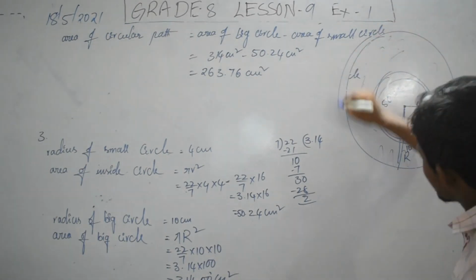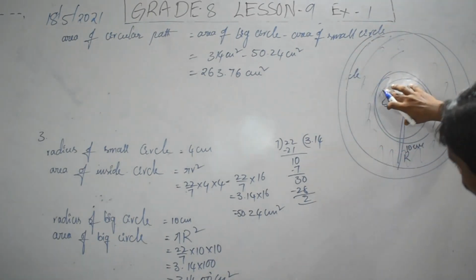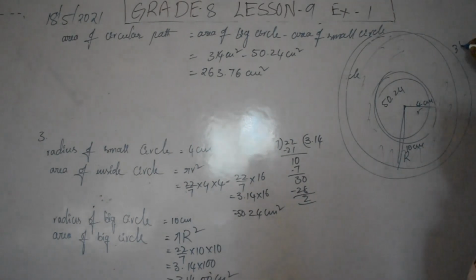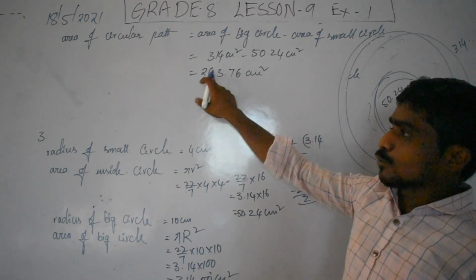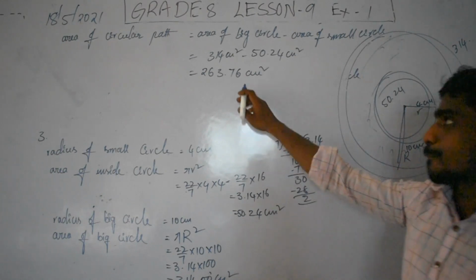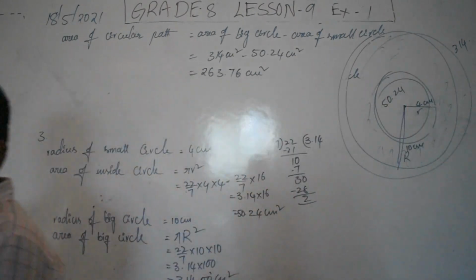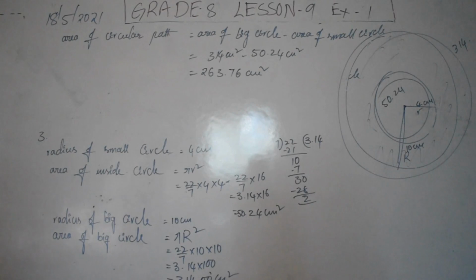Now this area is 50.24, and this area includes this one also. So total area is 314 minus 50.24, subtract, 263.76 is the area of the circular path.